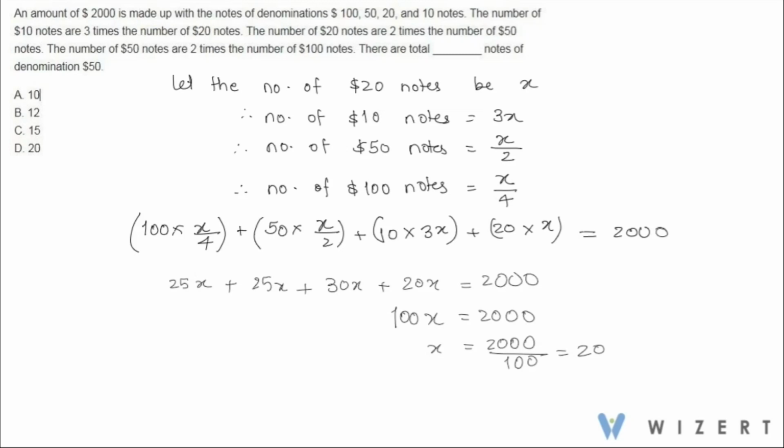Now the number of $50 notes is x by 2, equal to 20 by 2, equal to 10. So the answer is option A.